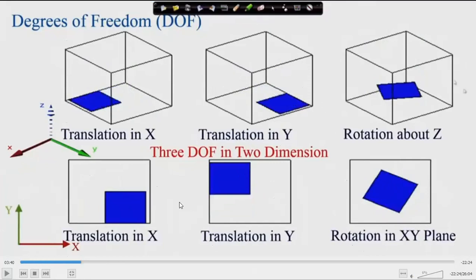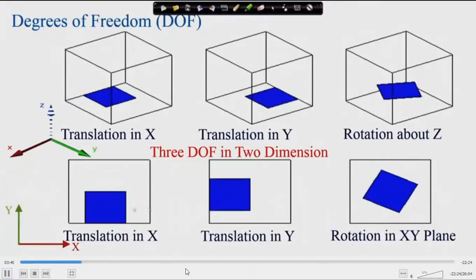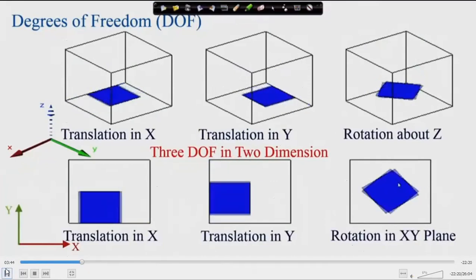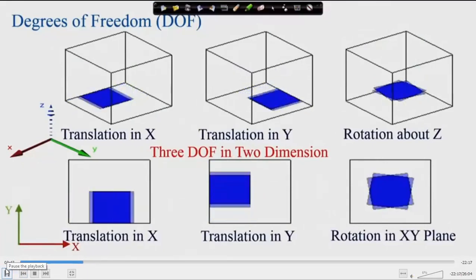These three are the same as the figure shown below. This is the perspective view, so they have only displayed the plane arrangement. These are the degrees of freedom available for a two-dimensional case.